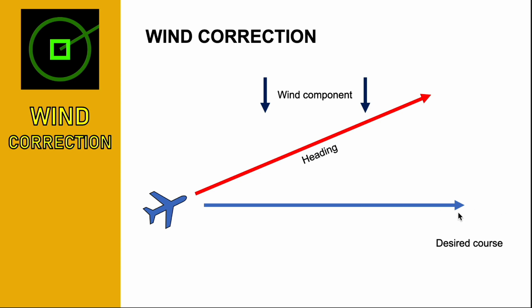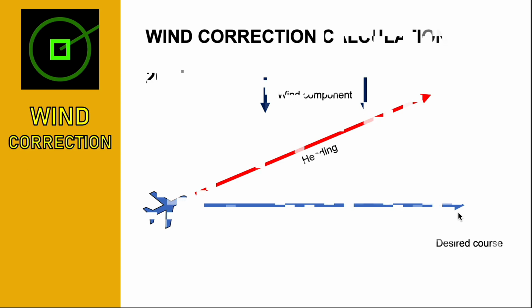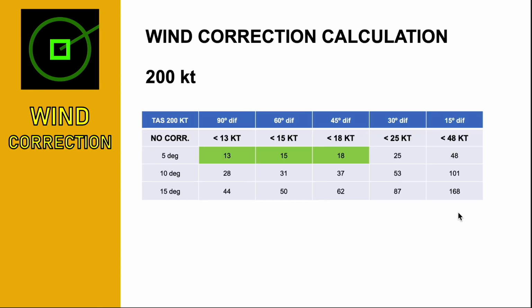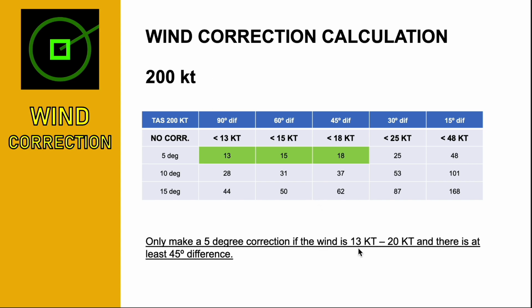So how do you do the calculations? You don't need to even do any calculations because I already did it for you. In this case, let's say that in the final path, in the sequences, normally the planes fly at 200 knots. So I did the calculations, and you only need to bear in mind really when the wind is at least 13 knots, usually up to 20 knots, and there is at least 45 degrees difference on the wind component.